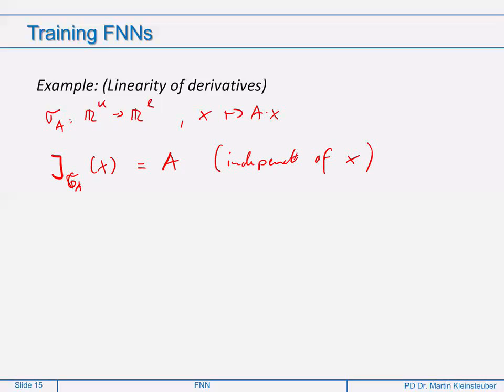You can also compute that. You see it very easily if you look at the formula that A is the remaining thing. That also means that if you have a function h, which is some sigma A followed by some g, then the Jacobi matrix of h is A times the Jacobi matrix of g at that point, for all x.